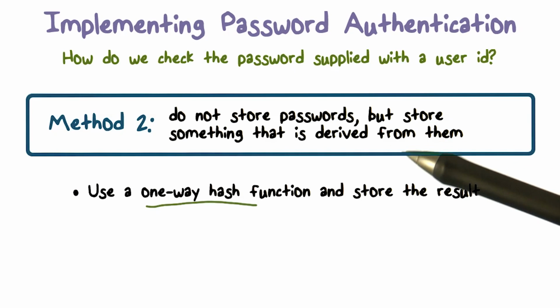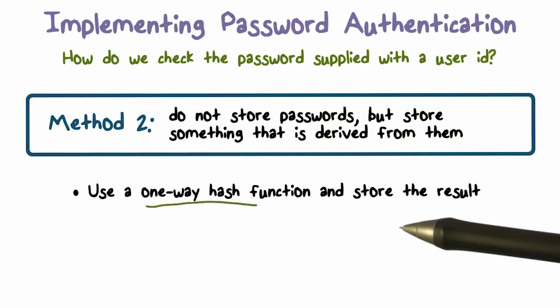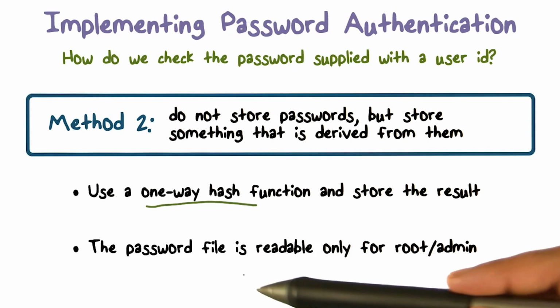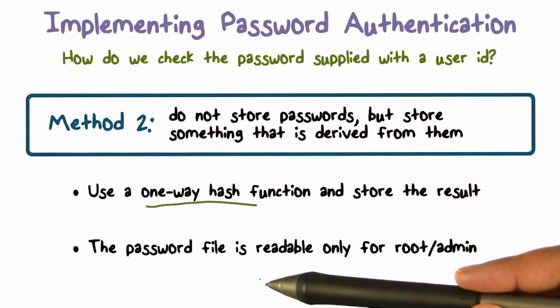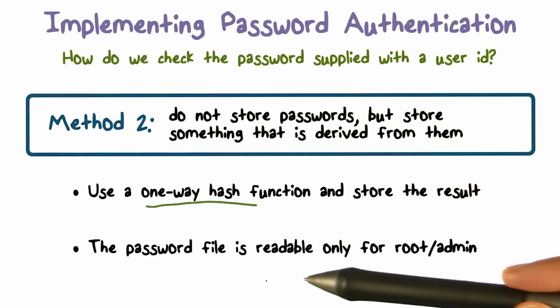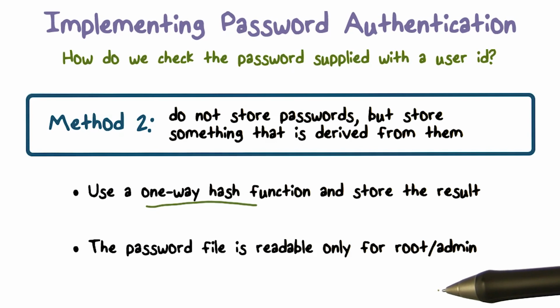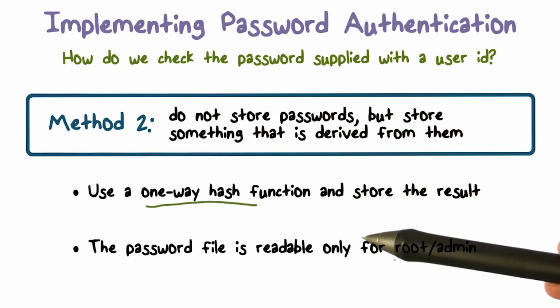In particular, we're going to store a hash value. And even the hash values that we have, those have to be stored in a file, as earlier we were talking about storing the passwords in a file. Even this file should be readable only by the privileged user or the admin user that we're talking about, on whose behalf the login program is going to run.